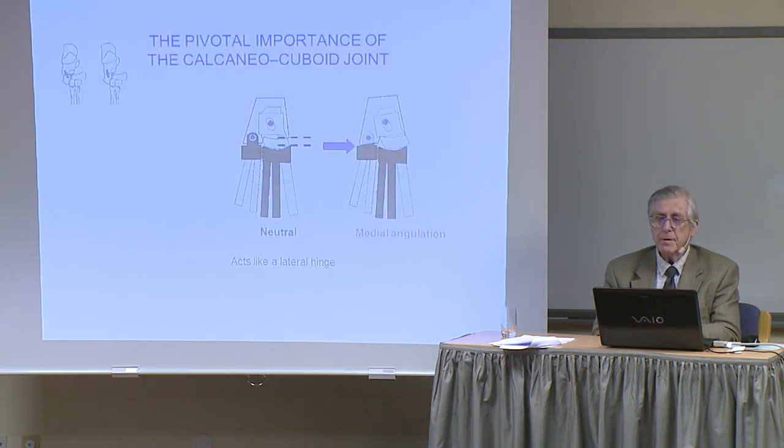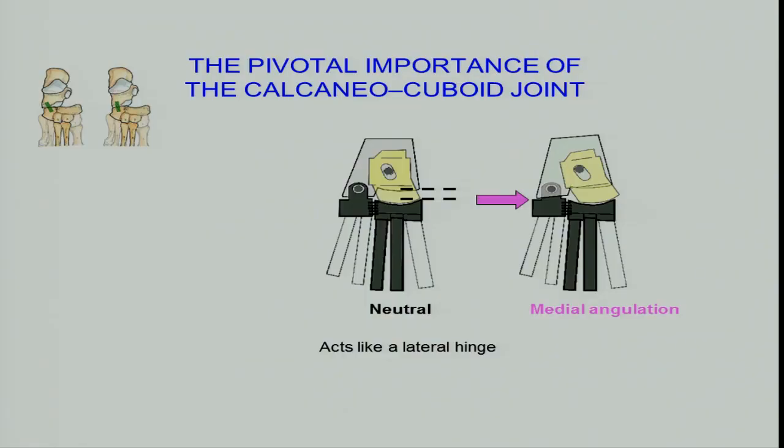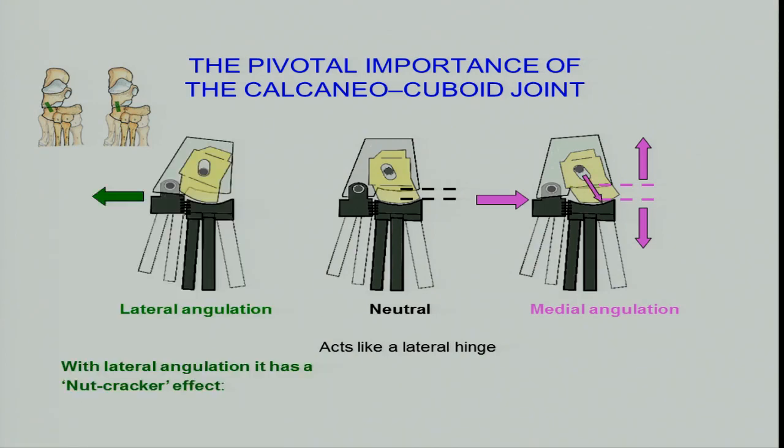So here we have opening on the inside if we get inward angulation, and the talus can then slide forwards over the calcaneus. The distance between the sustentaculum tali and the navicular increases. If we have outward angulation, lateral angulation, then the navicular and the cuboid swing medially.